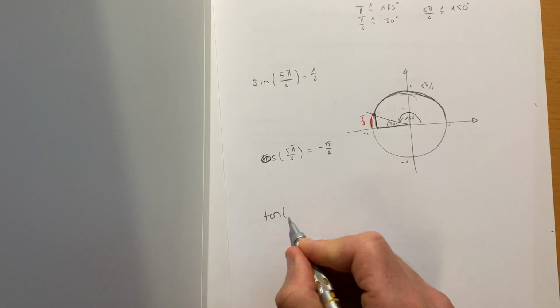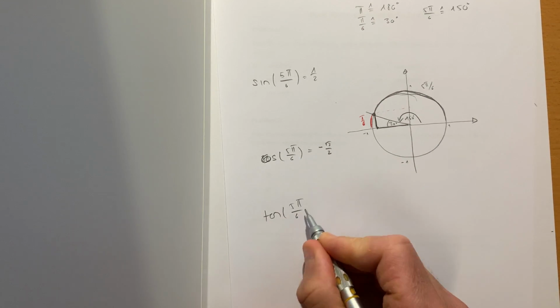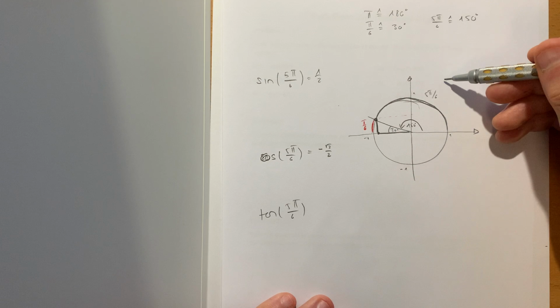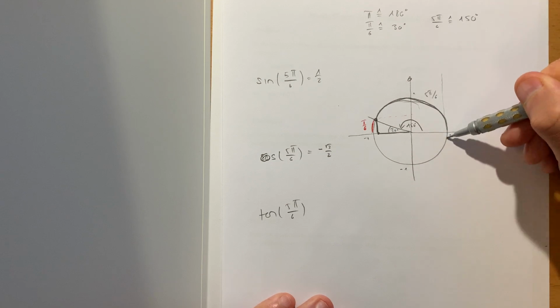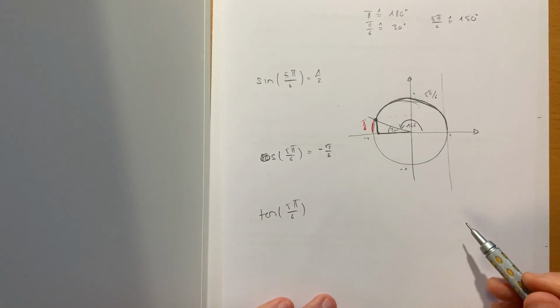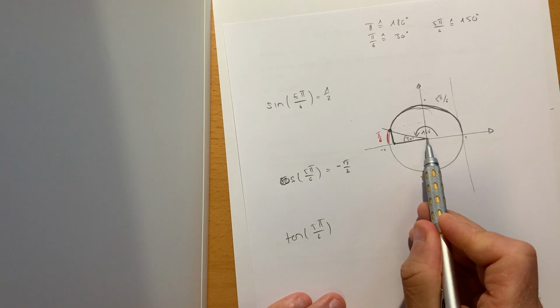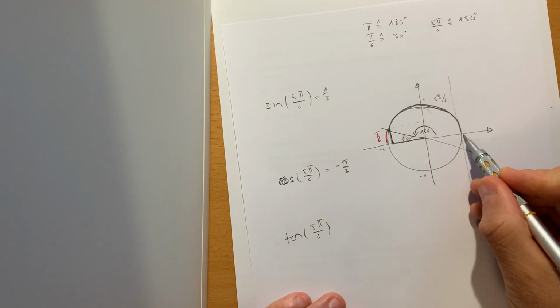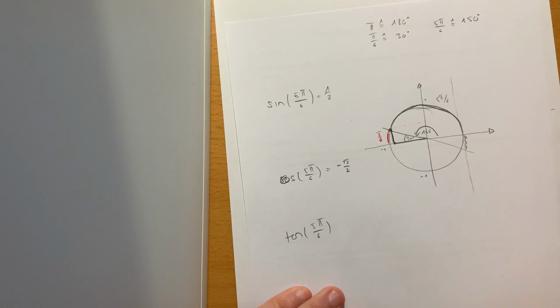Now the tangent of 5 pi over 6. For that you have to introduce the tangent to the circle, and you have to continue this line. This will be your tangent.